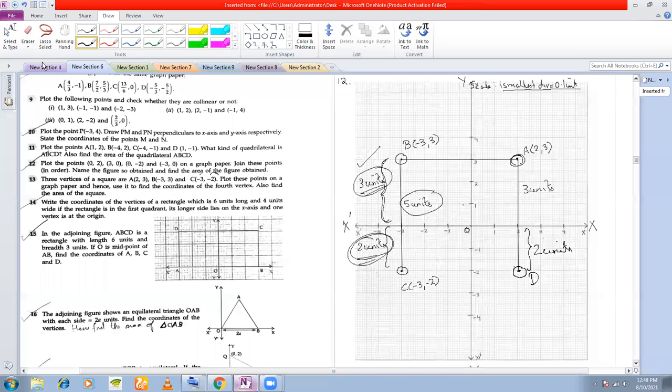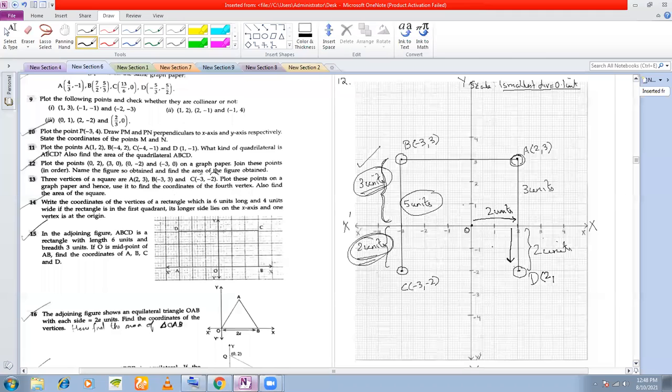Okay. Now we shall find out the coordinates of D. What should be the coordinates of D? In order to reach D, where do you have to move? Starting from the origin, you start moving here. You reach here. That means you are moving how many units? 2 units. So therefore the x coordinate is +2. And now you have to move vertically. In which direction are you moving? You are moving in the negative direction of y, right? And how many units are you moving?